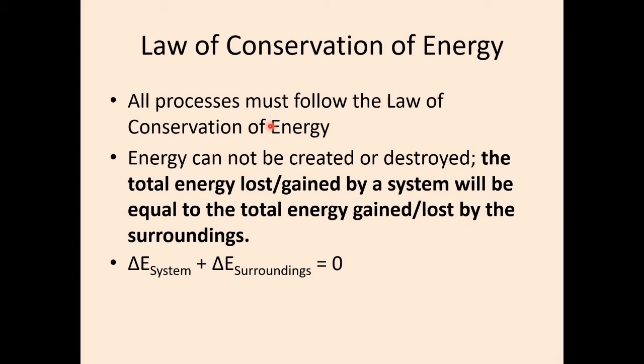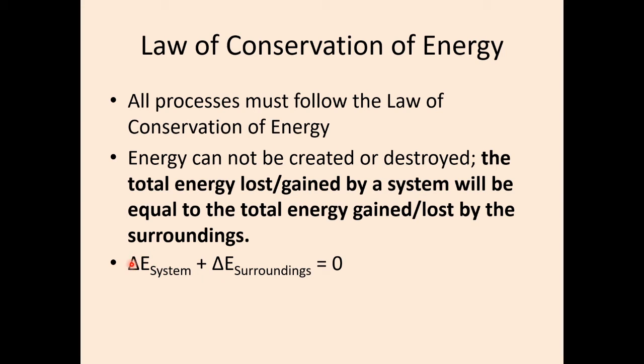So that gives us this equation right here. The change in energy of a system, whether it's positive or negative, plus the change in energy of the surroundings, whether it's positive or negative, should always equal zero. Because that's telling us that whatever energy might be gained here would be the same amount of energy that's lost here.